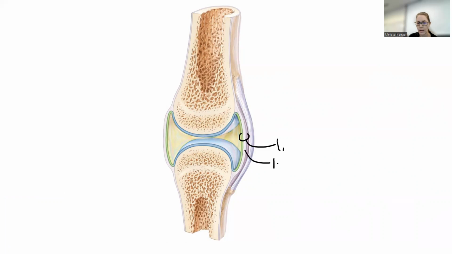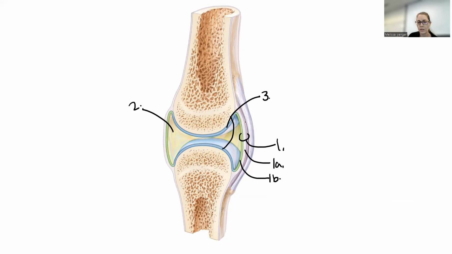So that's 1A, and that's my 1B. And that creates number 2, which could have an A and a B, because 2A could be the synovial cavity and 2B could be the synovial fluid. Then you have 3. Remember, 3 is going to be our articular cartilage.